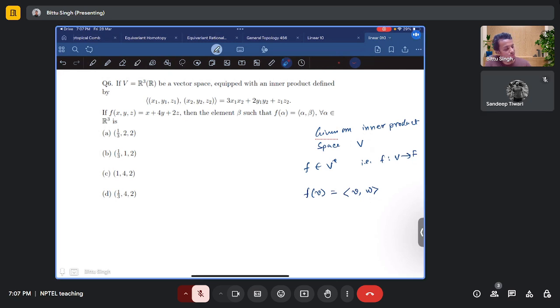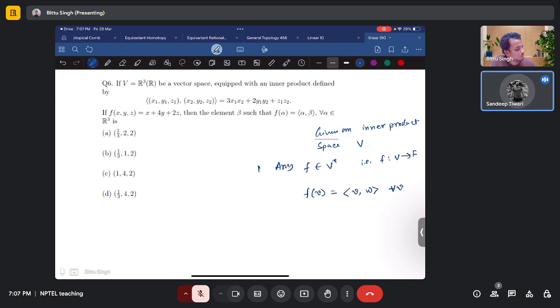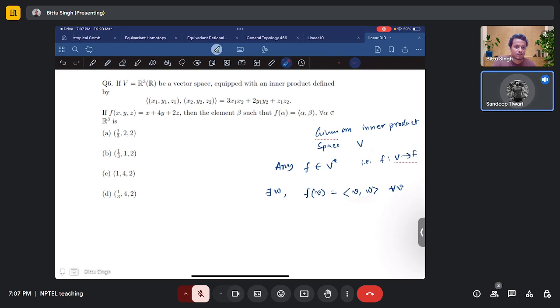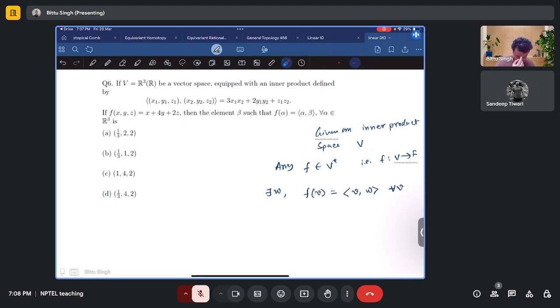Okay, this is for all V. Sir, actually we are projecting onto a one-dimensional vector subspace, where the subspace is generated by beta, since beta is fixed. Yes, it is a similar kind of thing, projection.